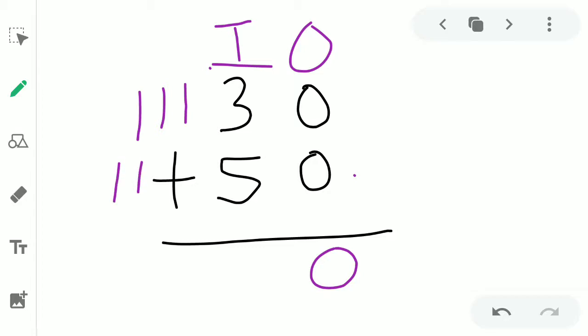So 1, 2, 3, 4, 5. 5 lines I have drawn. Now let us count all the lines together. 1, 2, 3, 4, 5, 6, 7, 8. If we count all the lines together, the answer which we have got is 8. It means here we are going to write the answer 8.